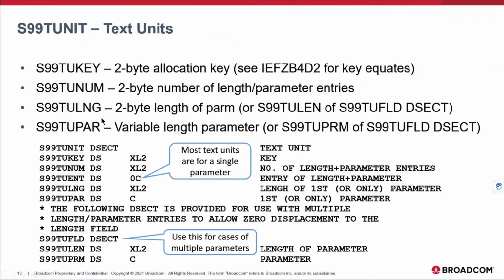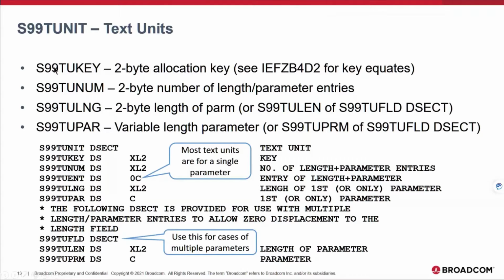And finally, the most complicated one is the text units. There are typically 4 fields involved. You've got this 2-byte allocation key, and there's a whole bunch of these equates in the IEFZB4D2 macro that have to do with allocation, unallocation, concatenation, deconcatenation, the various functions that you could do with SVC99.